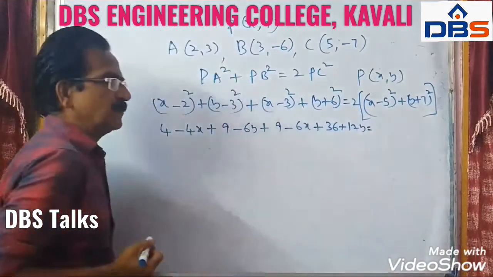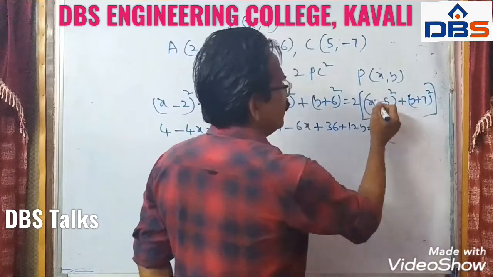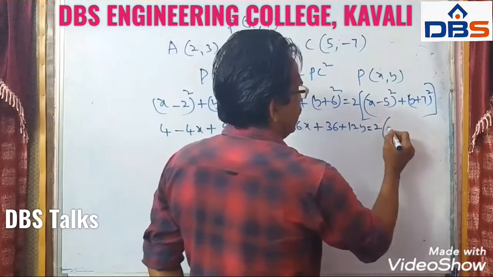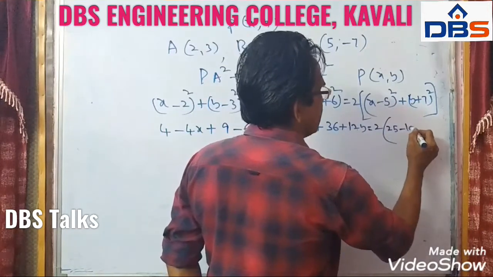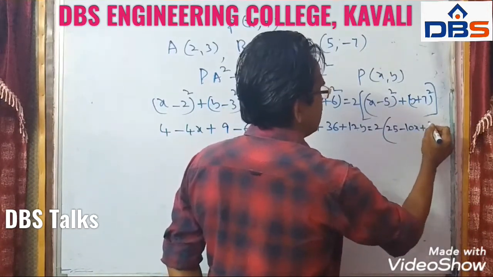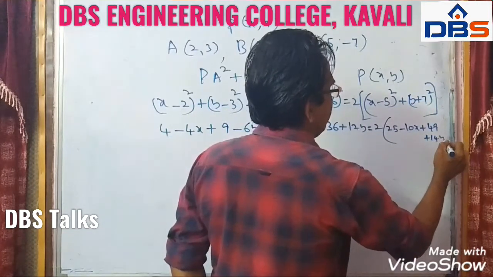This is equal to 2 into x square plus y square minus 2 5's 10x plus 7 7's 49 plus 2 7's 14y.